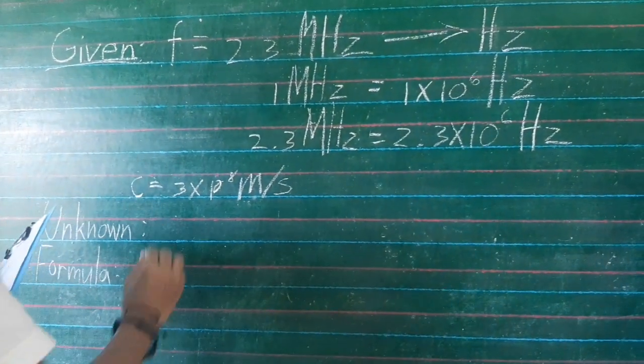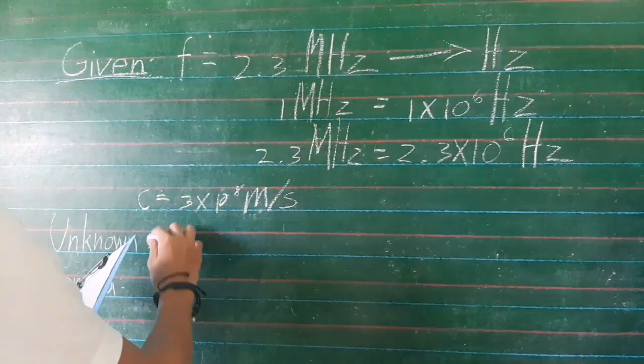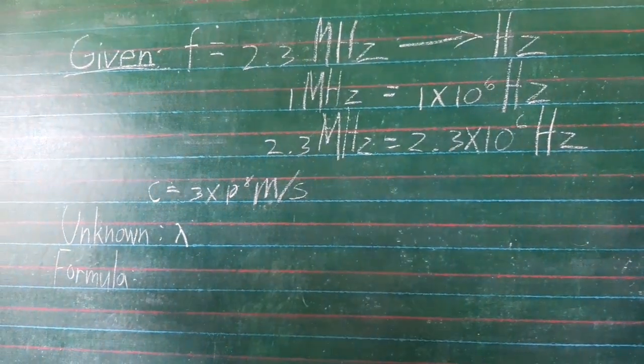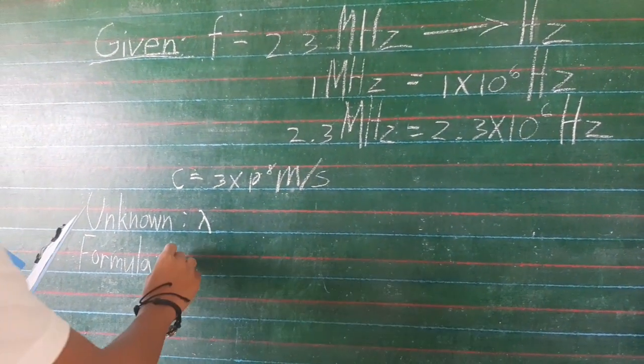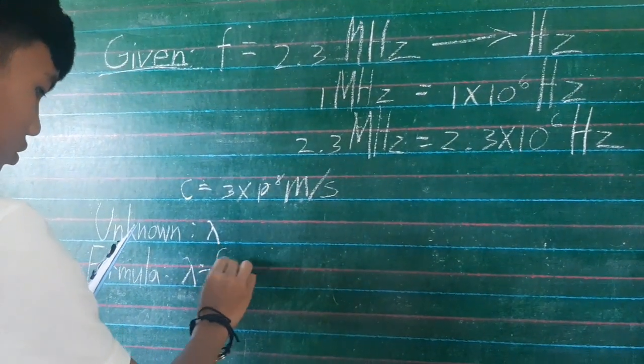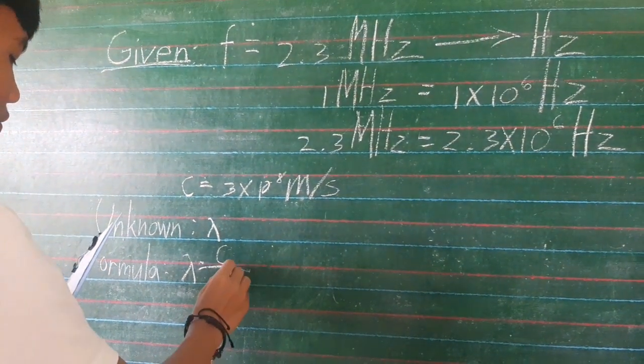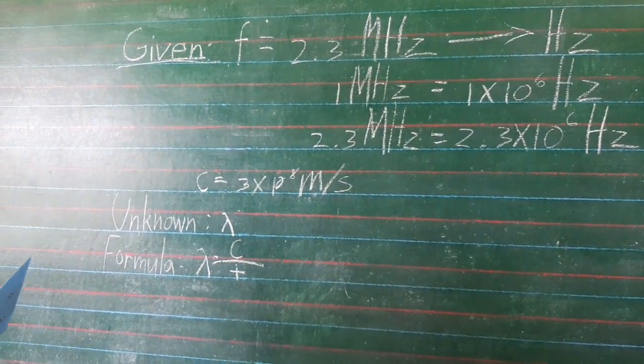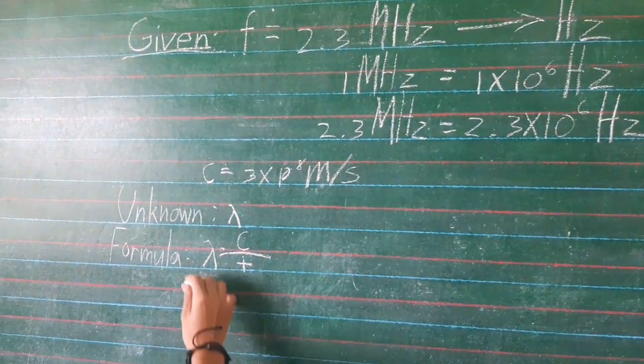And now we can find the unknown, which is wavelength, and the formula will be wavelength equals wave speed divided by frequency. Now we can equate.